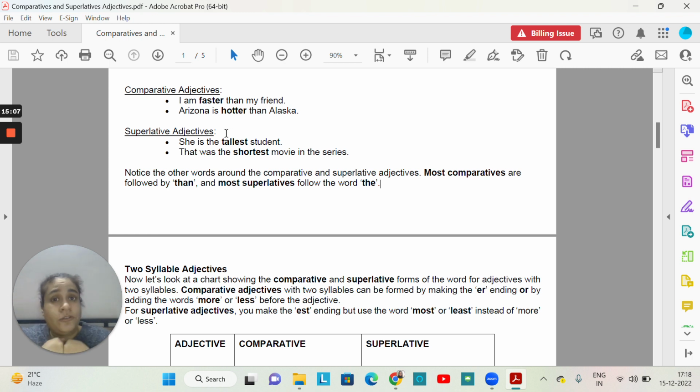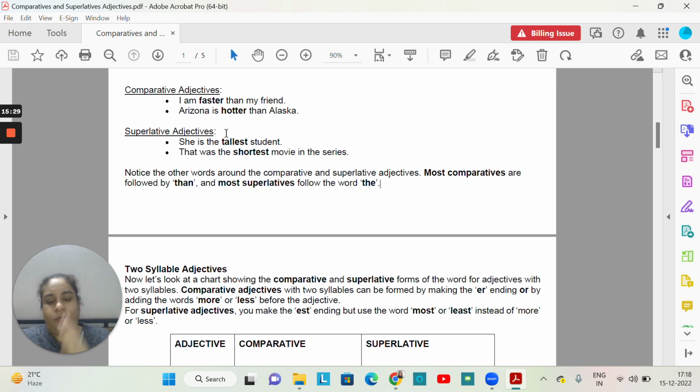Now, when we're talking about superlative adjectives, you will have a superlative adjective, but before that, you have to have an article, the. Because you're trying to say that this is the ultimate thing, the last thing. She is the best. There is no one else better than her. Right? So, the best. That means it's the ultimate.